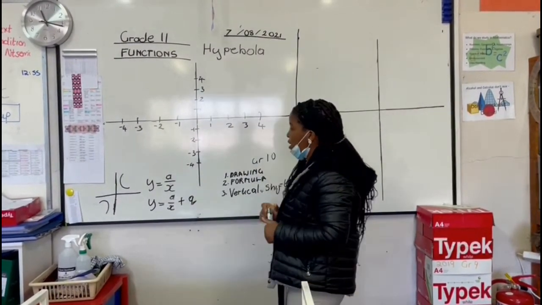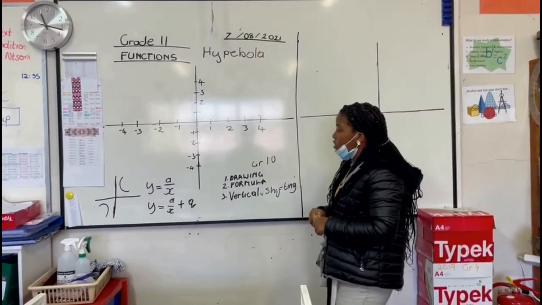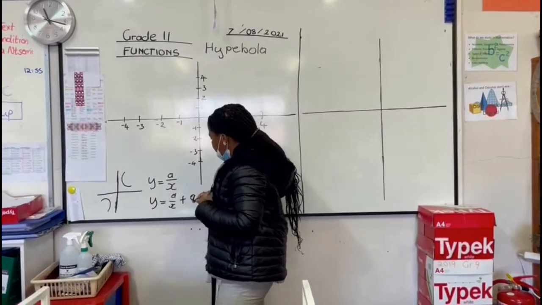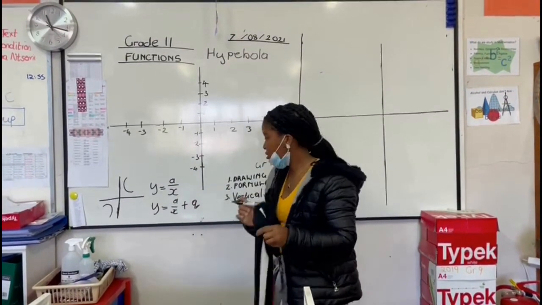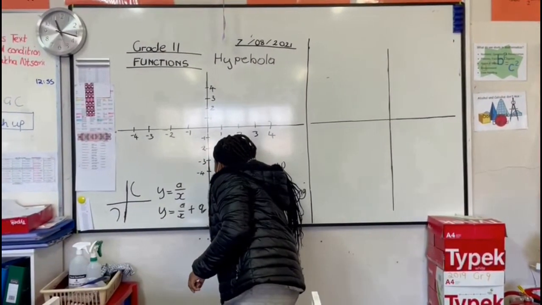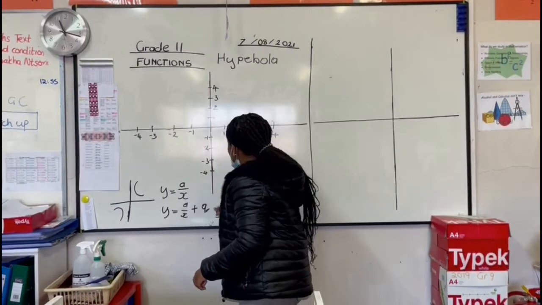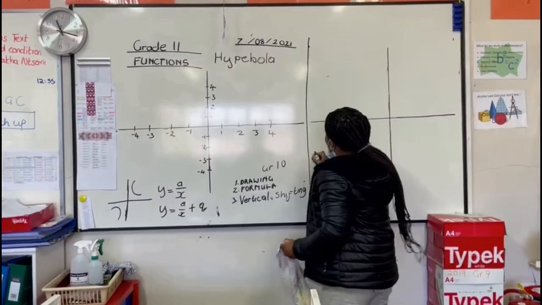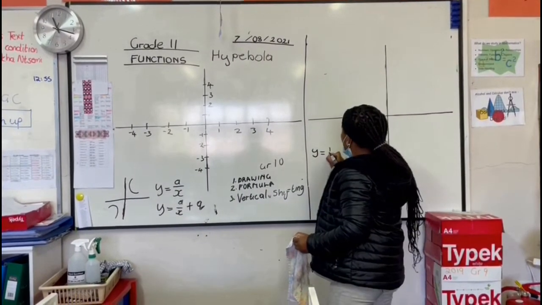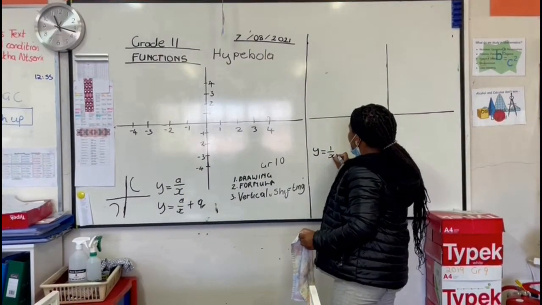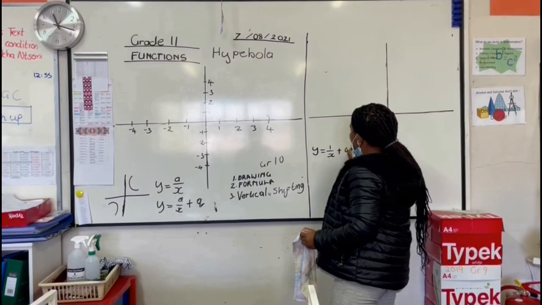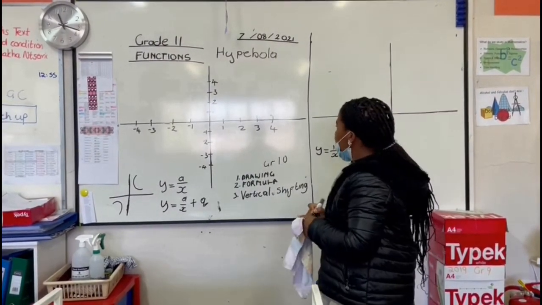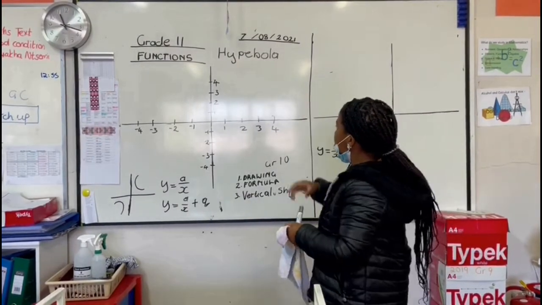This is the formula of a hyperbola in grade 10 that you last saw. So let's make this hyperbola y equals 1 over x plus 1, which means this has shifted 1 up.